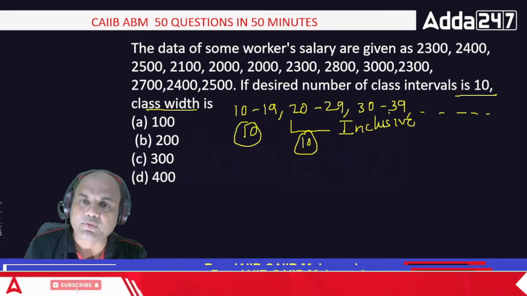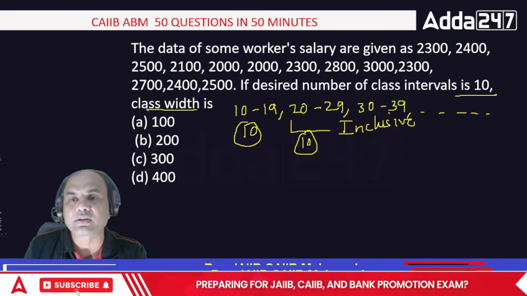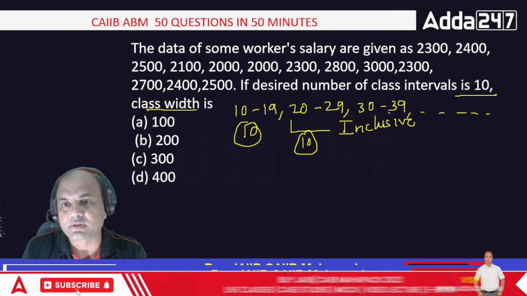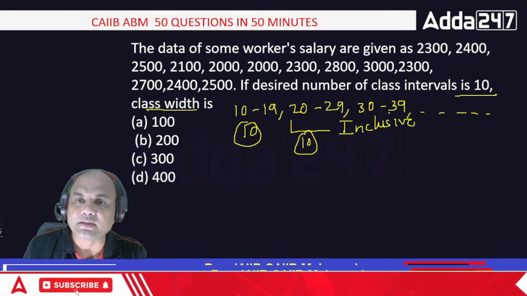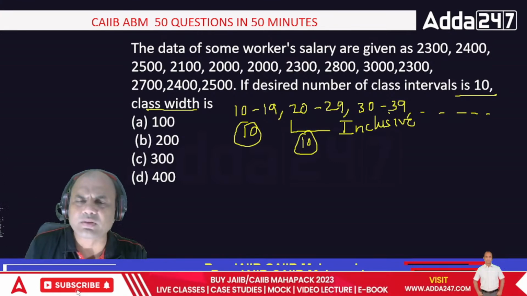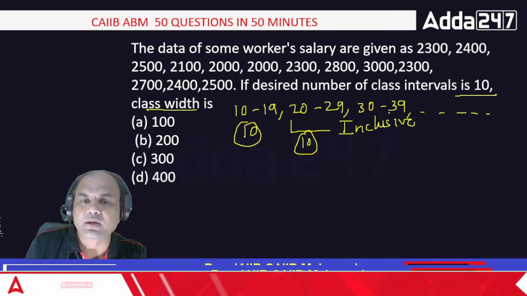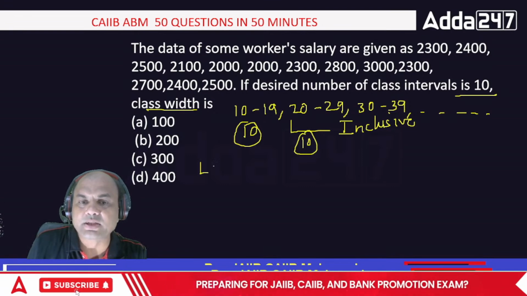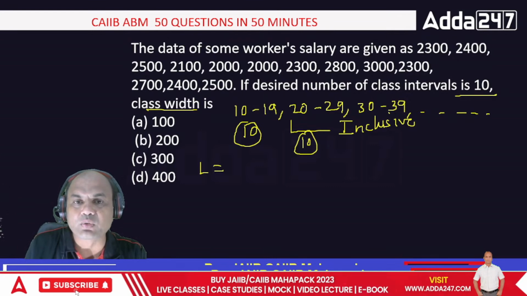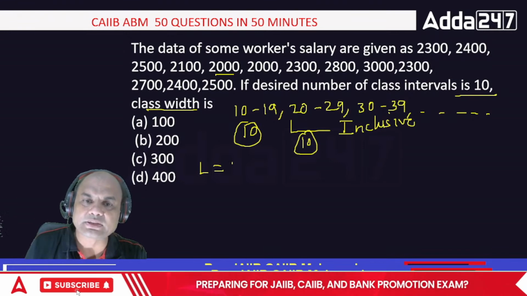Now suppose I have to find the class width of this given data. These are called elements. Firstly, I'll find the lowest number; it's not required to arrange them. The lowest here is 2000.